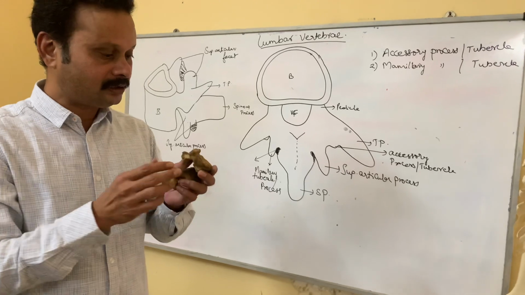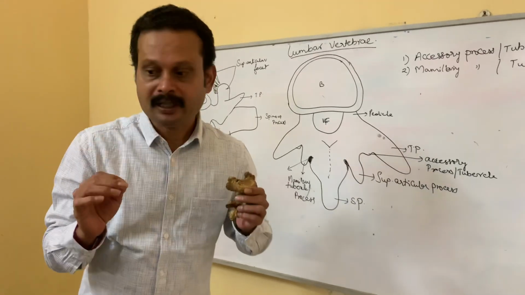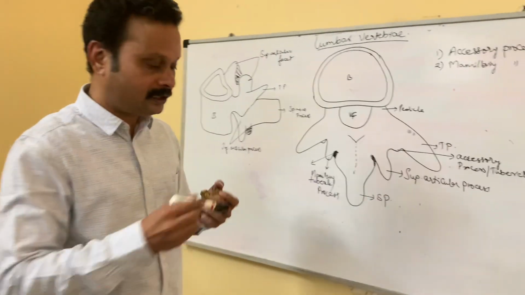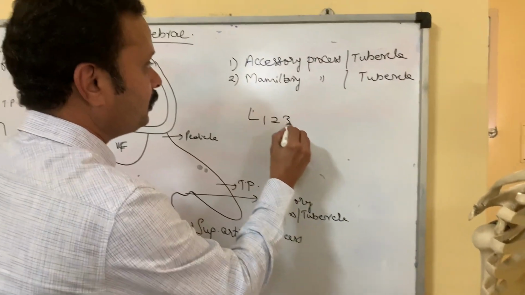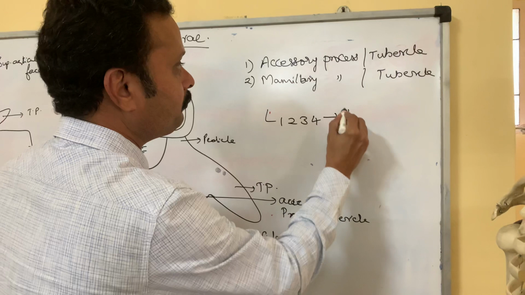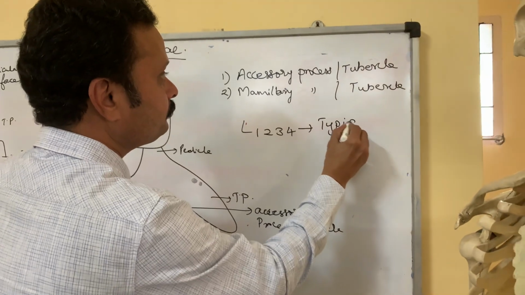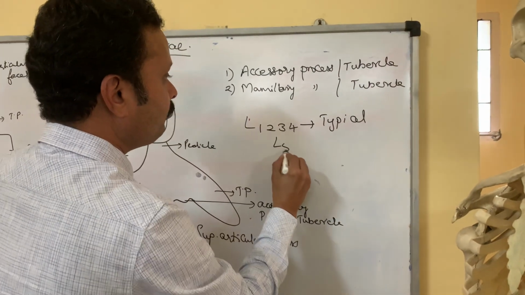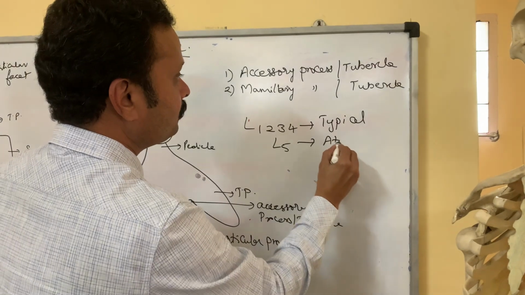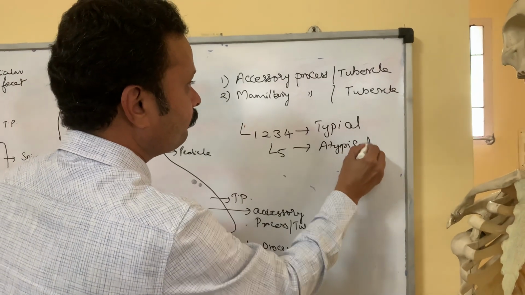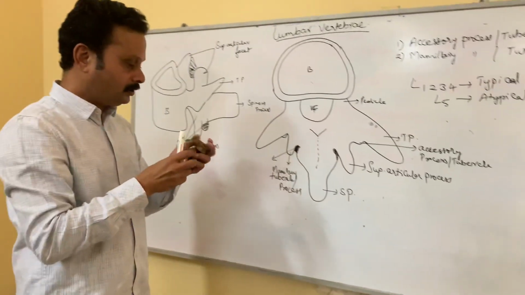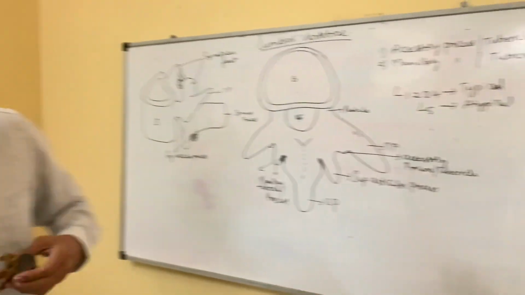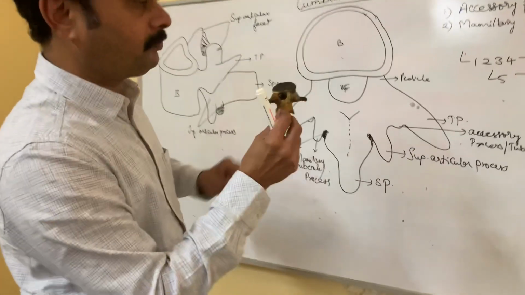Now coming to the description of a typical lumbar vertebra. Which are typical lumbar vertebrae? L1, 2, 3, 4 are typical lumbar vertebrae and L5 is atypical. The features of a typical lumbar vertebra: this is a lumbar vertebra.